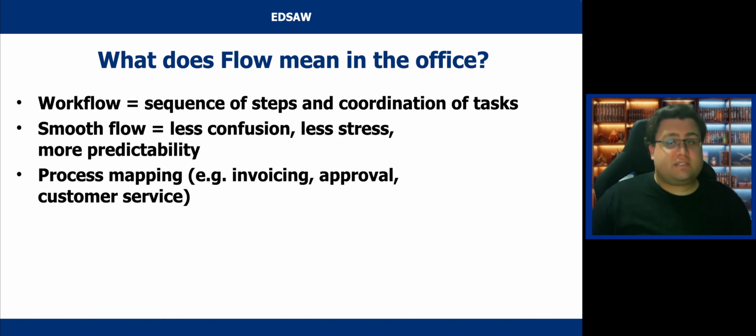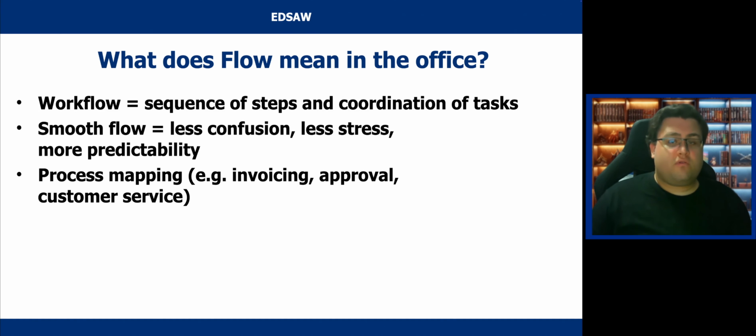Flow in the office brings several benefits. The first one is less confusion and stress, because everyone knows what they are working on and what will come next. The next one is higher predictability. Processes have a clear structure and are better controllable. The last one is better quality, because tasks are not pushed to the last minute, but move much more smoothly.